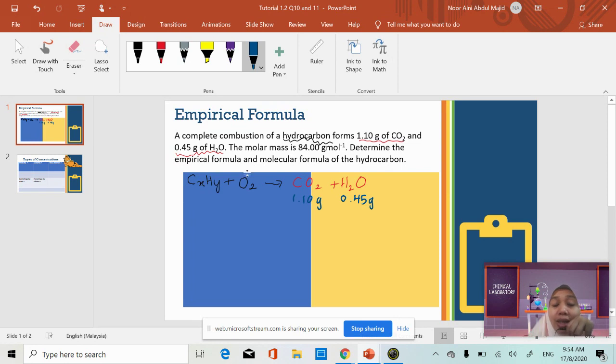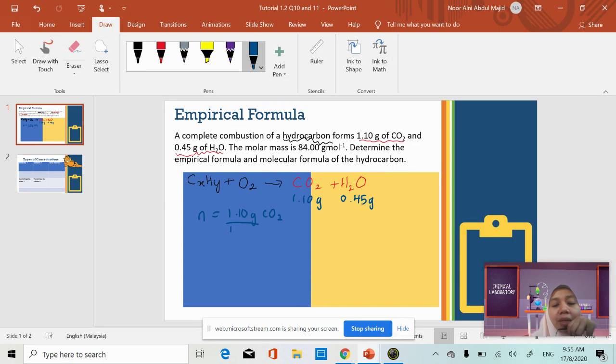Therefore, we can say that the number of mole of carbon here equals the number of mole of carbon in the hydrocarbon itself. So let's calculate. Now, we know the mass, so basically, we can calculate the number of mole. 1.10 gram of carbon dioxide.